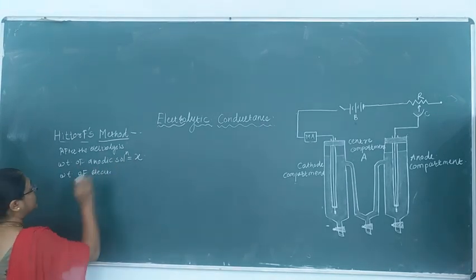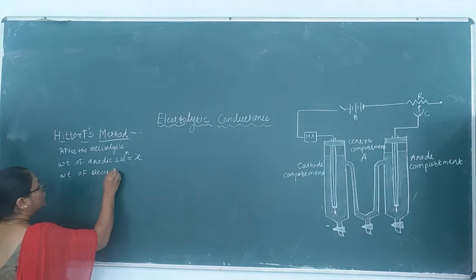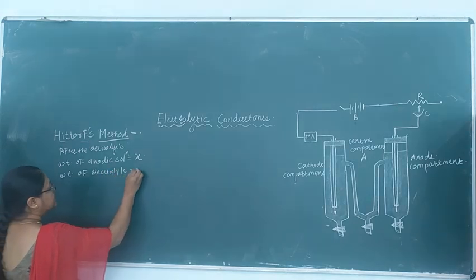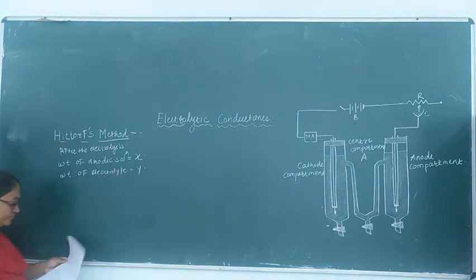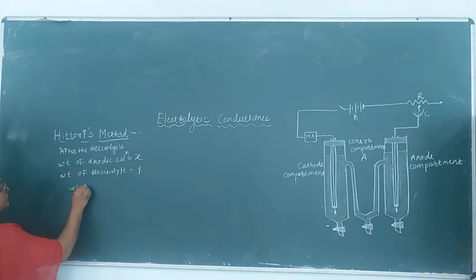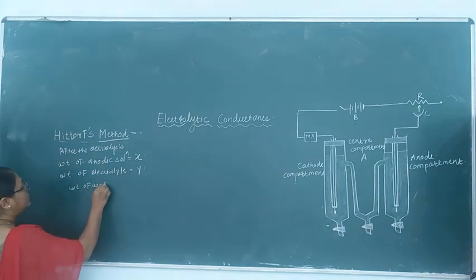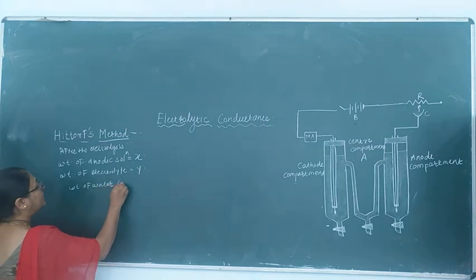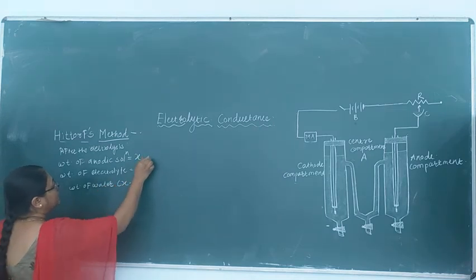In that, if the weight of the electrolyte is Y, then simply the weight of water will be X minus Y grams.